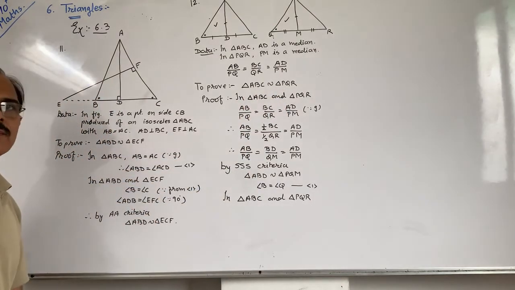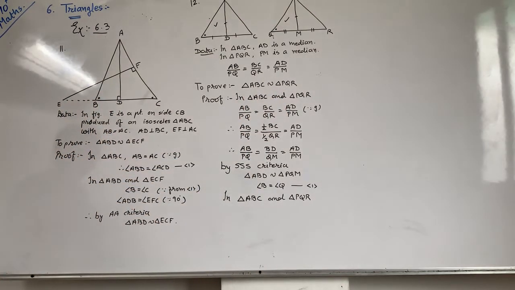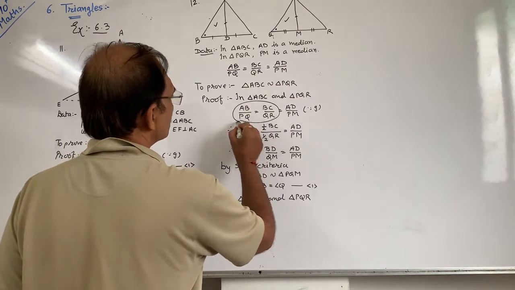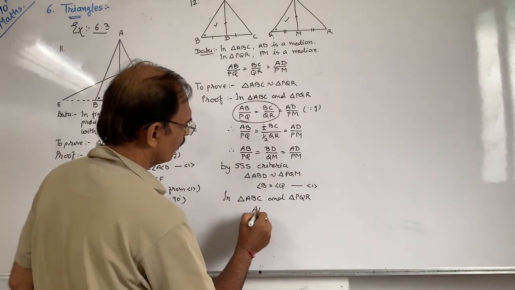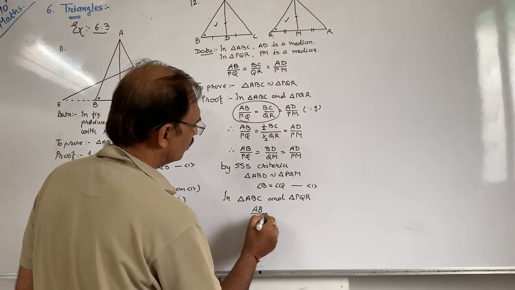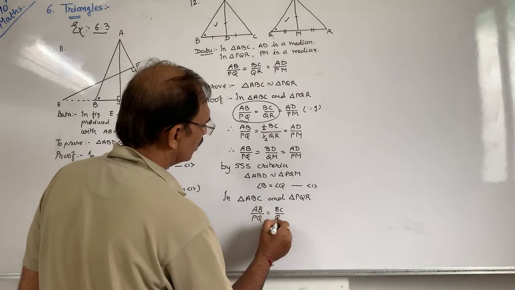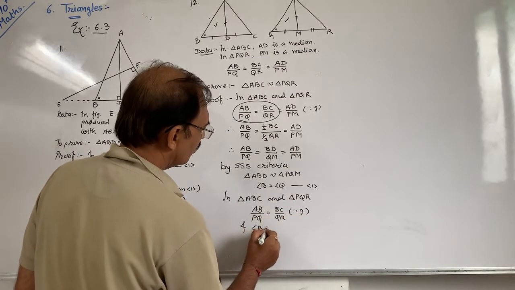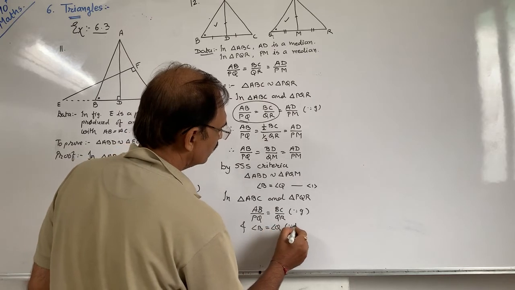So in triangle ABC and triangle PQR, you know that angle B equals angle Q, which we proved in result number 1. And also given that AB upon PQ equals BC upon QR. So AB upon PQ equals BC upon QR, given, and angle B equals angle Q from 1.